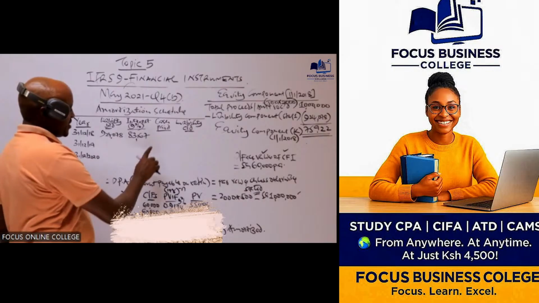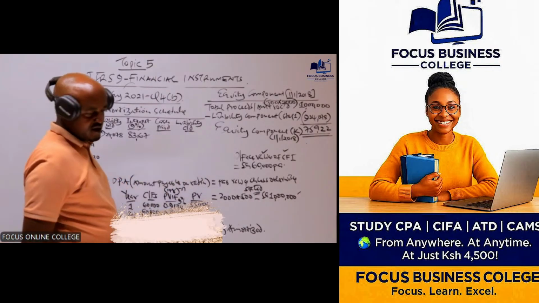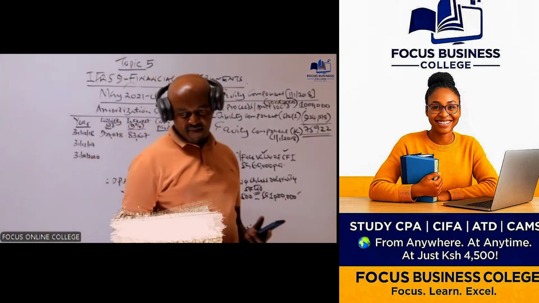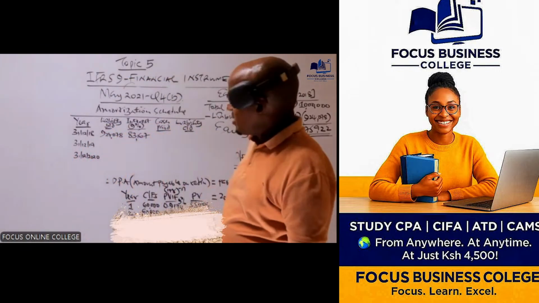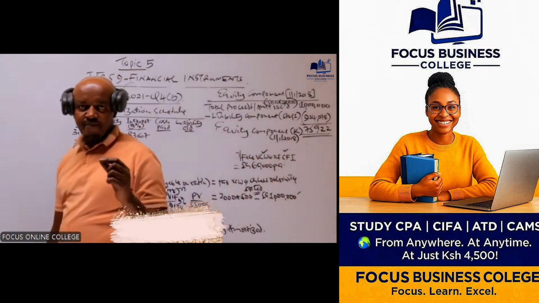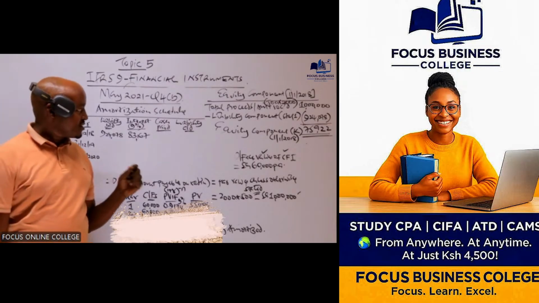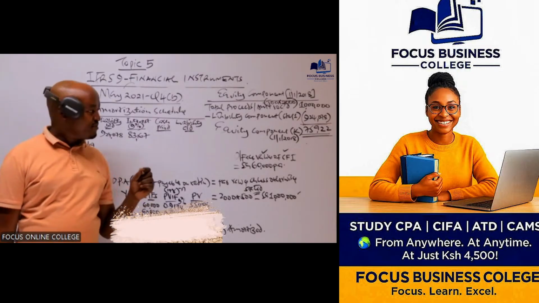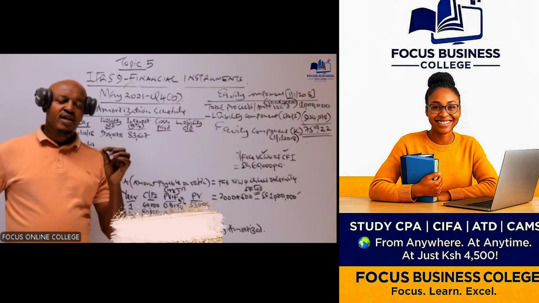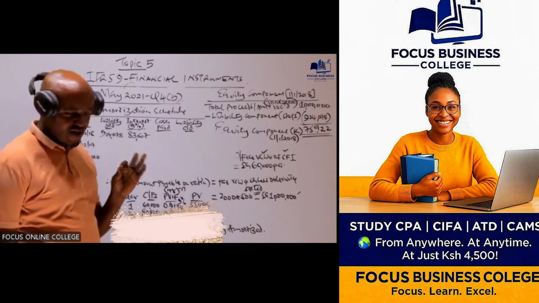Can someone tell me how much cash was paid by our company in year 1? Nataka tuone kama tuko pamoja. Our company here, this company which had issued this 6% convertible loan notes. How much cash did it pay to the holders of those convertible loan notes?